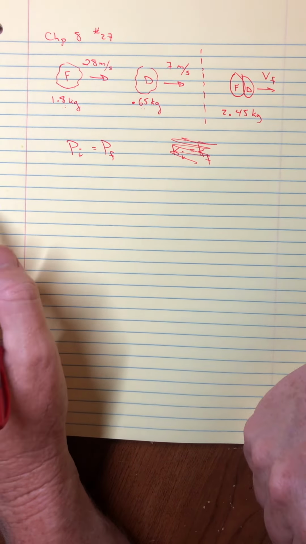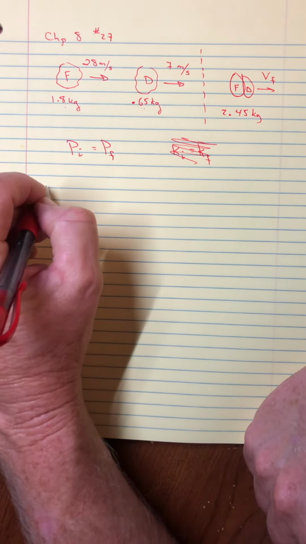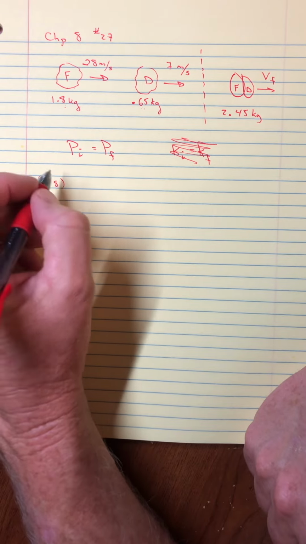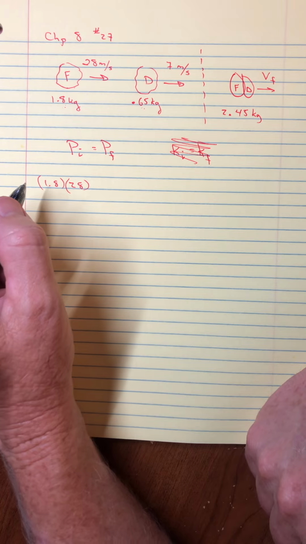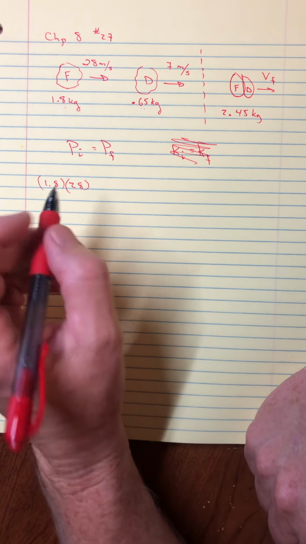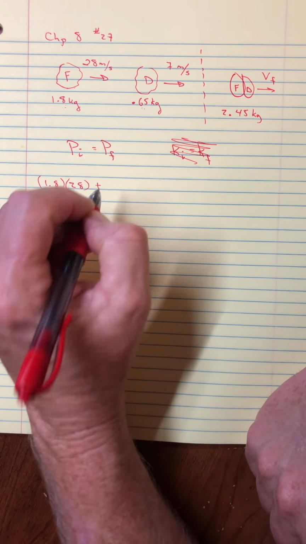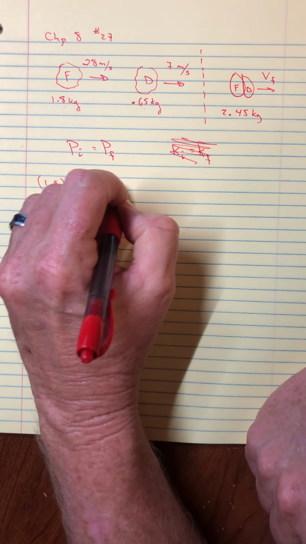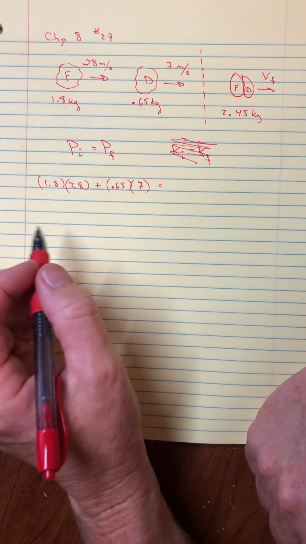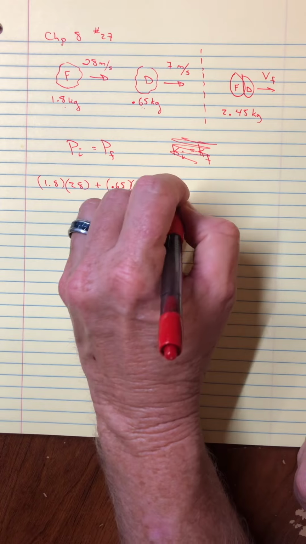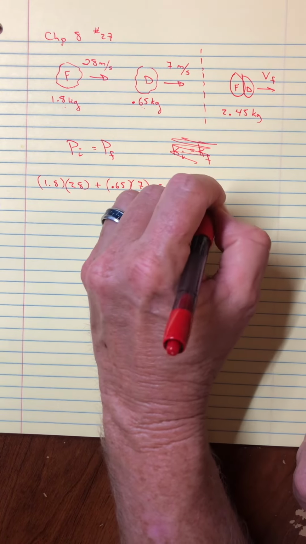All right. And it turns out I don't even need that to do the problem they have, because this would be the momentum before. So here's the falcon, and the falcon is moving at 28, and the dove, which is a smaller mass, is moving at 7. So there is the momentum of the two. And that would have to equal the momentum of the two after. Now, I'll say the two, but I'm just going to treat it as one object.